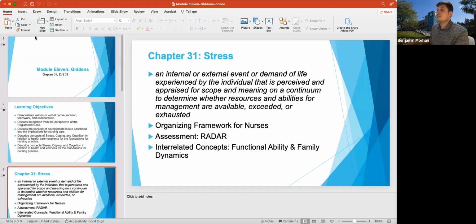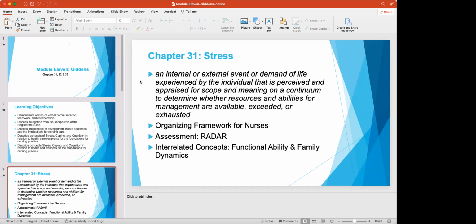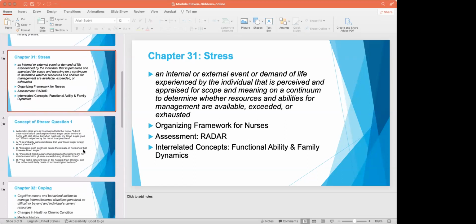Okay, so the first one here, chapter 31, is on stress. And the definition is listed above here in the PowerPoint. So make sure you see figure 31.3.